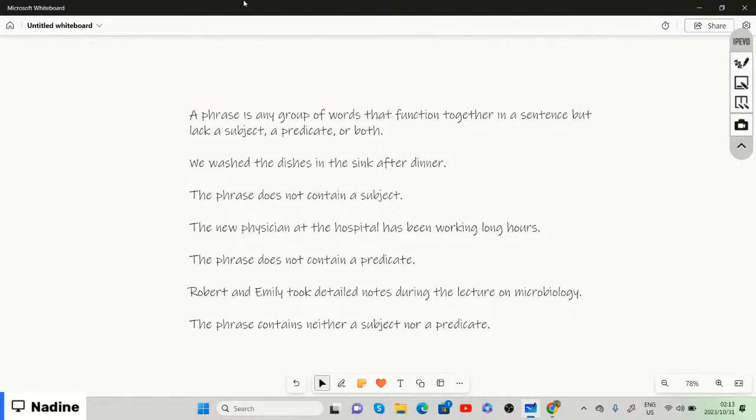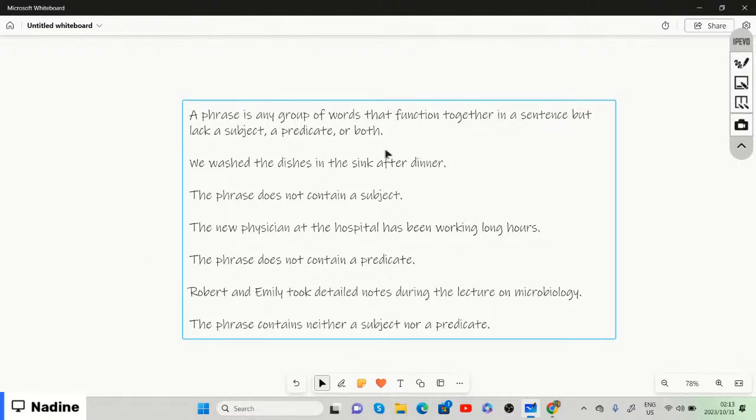So basically, these are phrases. Like we said, a phrase is either missing a subject, or missing a predicate, or missing both. In we wash the dishes in the sink after dinner, there is no subject.